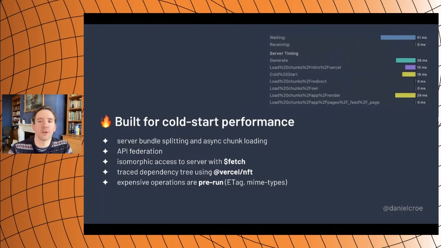And the total time to generate the whole thing is somewhere between 50 and 80 milliseconds. That's everything. That's even server-side requests, and that's all the pages being rendered and all the chunks and data being loaded. It's really exciting to see the performance improvement you can get with something like Nitro.